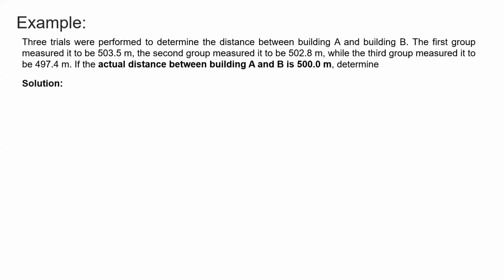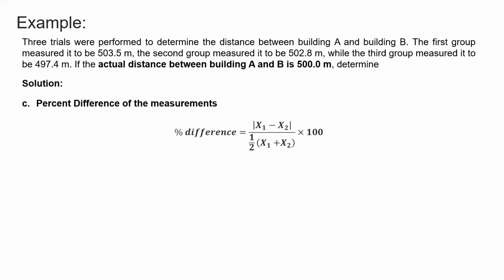So for letter C, solving for the percent difference of any two measurements, ang kinuha ko dito is measurement 1 and then measurement number 2. Pwede rin naman na mag-solve kayo between, for example, x1 and then x3, or pwede rin x2 and then x3.